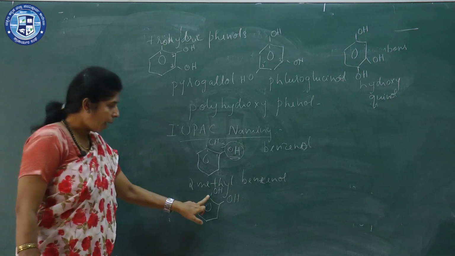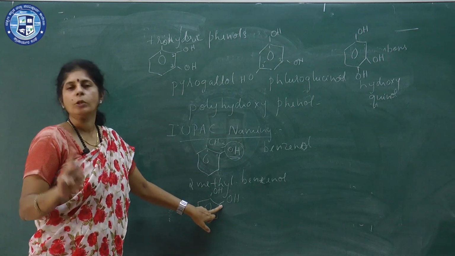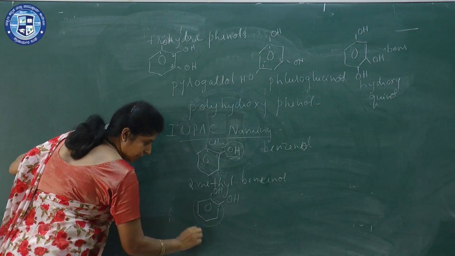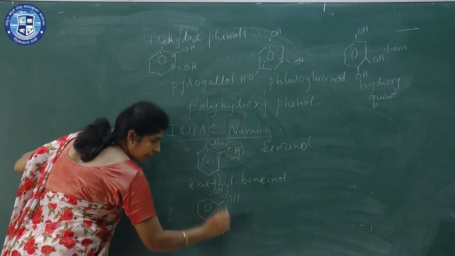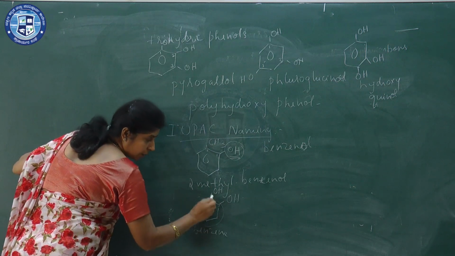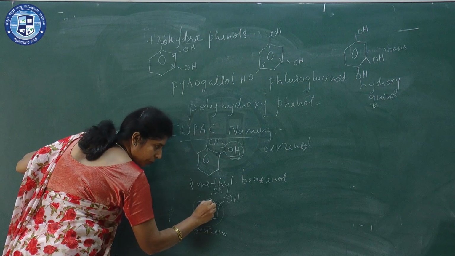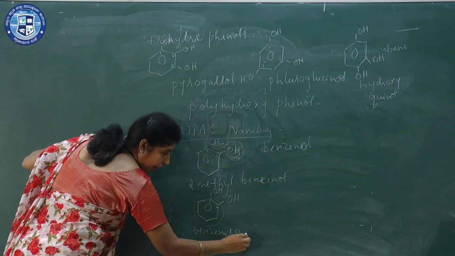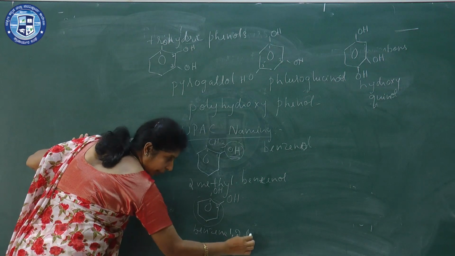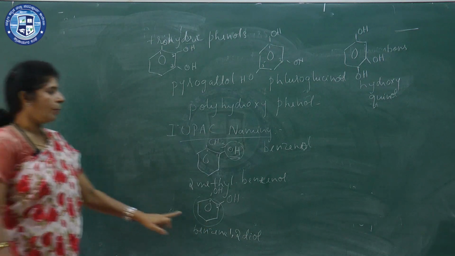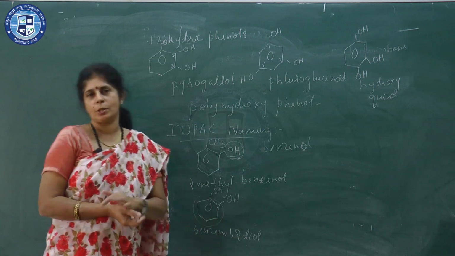Both are functional groups. So the name will be benzene, replacing the 'e' by 'ol', with 2 hydroxy groups at positions 1 and 2, so it becomes benzene-1,2-diol.